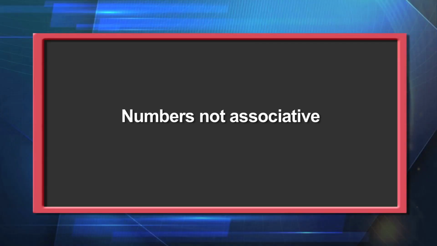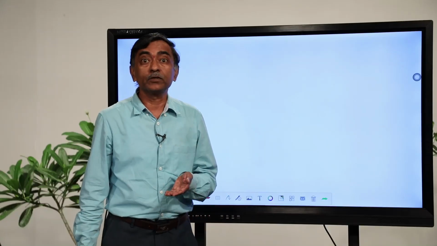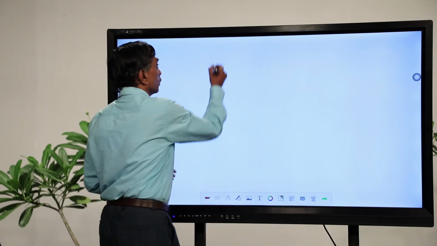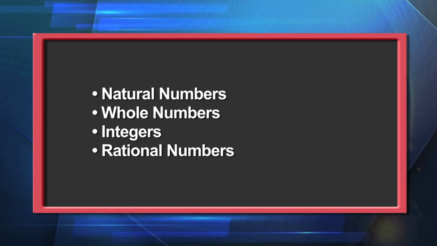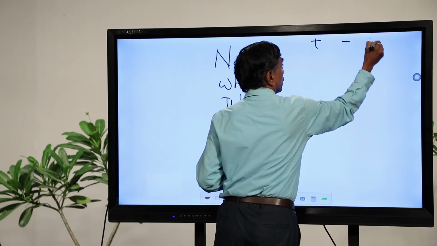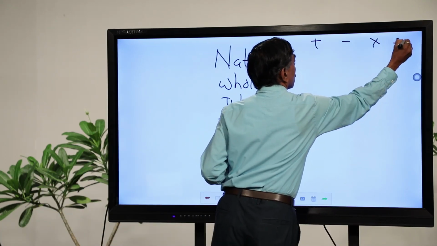For which particular operation is which particular number system not associative? We have talked about natural numbers, whole numbers, integers and rational numbers. The operations were addition, subtraction, multiplication and division.